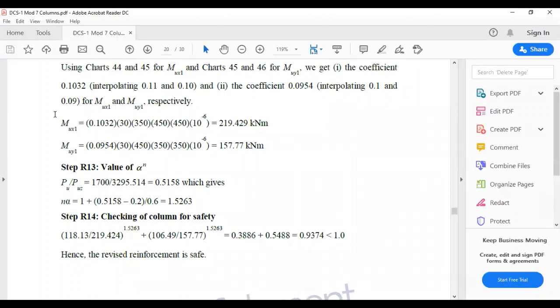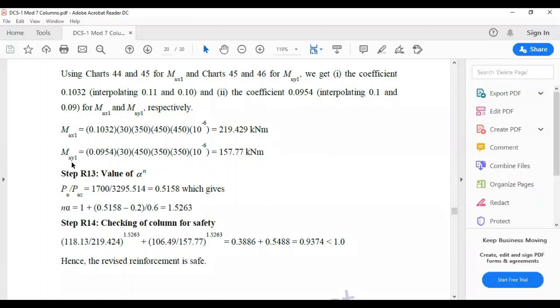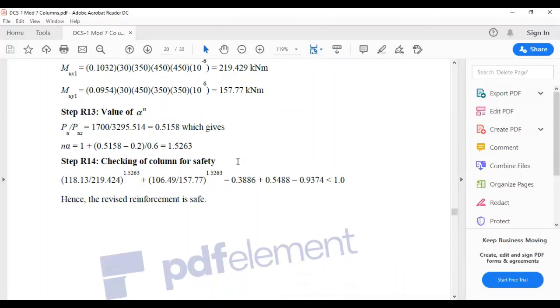So using the same formula which we did in step 12, we'll find the values of MUX1 and MUY1. So the MUX1 comes out to be 219.429 kilonewton meter and MUY1 comes out to be 157.77 kilonewton meter.